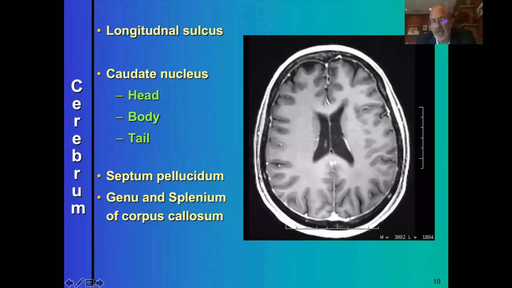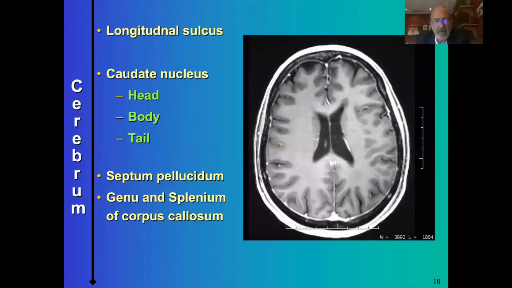It's a midline structure, divides both of the lateral ventricles over here. Once again, structures we talked about, genu, splenium, and then you pick up right over here, directly adjacent to the lateral ventricles, the first of the basal ganglia, called the caudate nucleus. The caudate nucleus is always going to be associated with the landmark of the lateral ventricles.